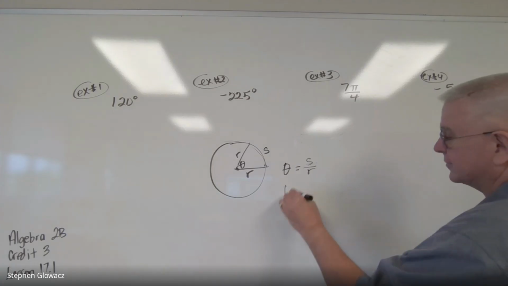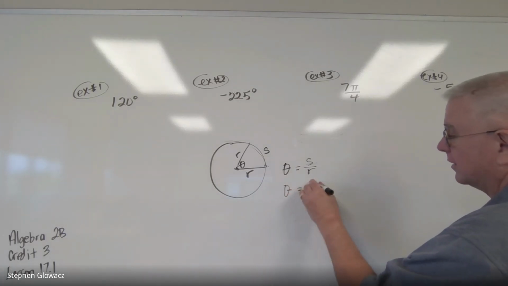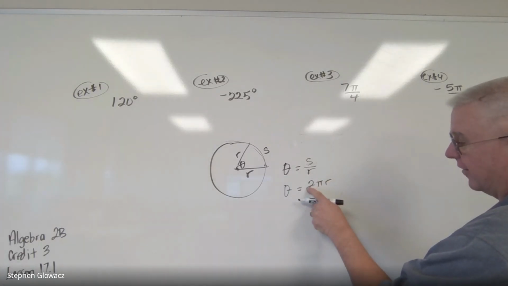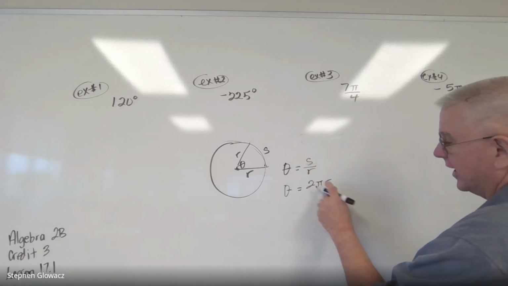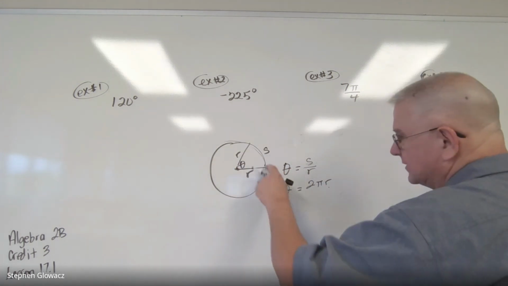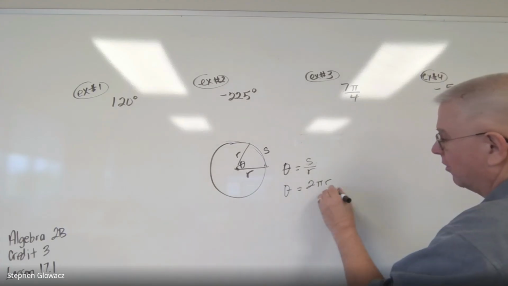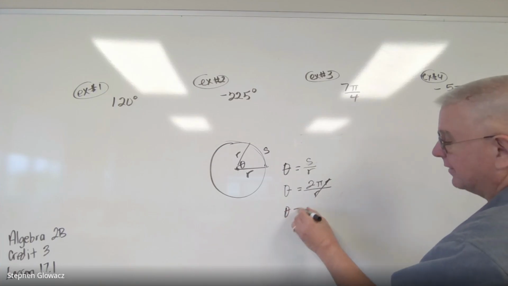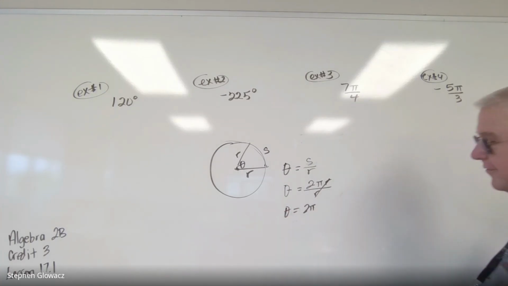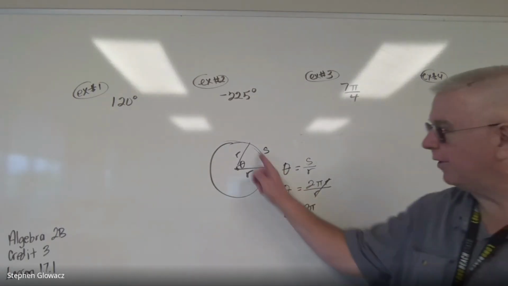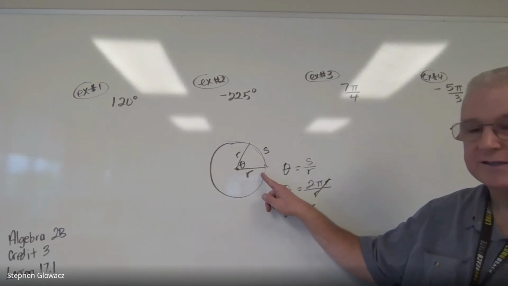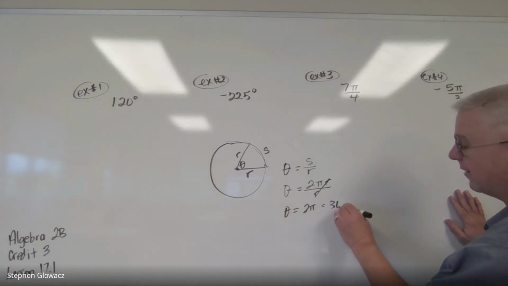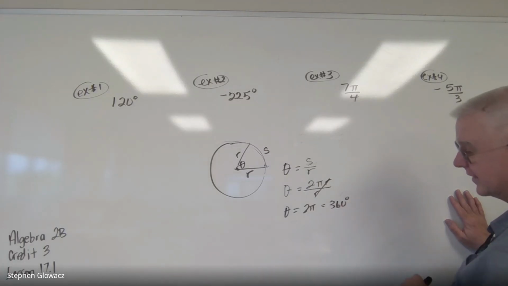Well, we know that the circumference of the circle is found by the formula 2 pi r. So that would be the distance around the circle, and then divided by the radius. Now these cancel, and we see that an entire circle, all the way around the circle, which we know is 360 degrees, would be 2 pi radians. So 2 pi radians is equal to 360 degrees.